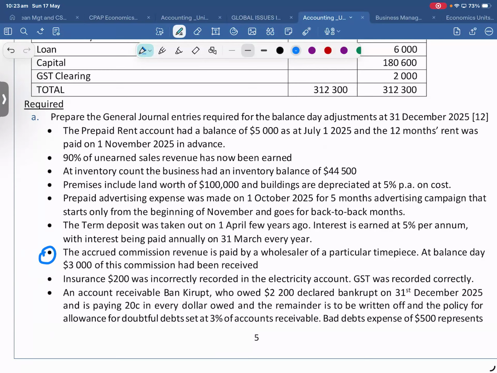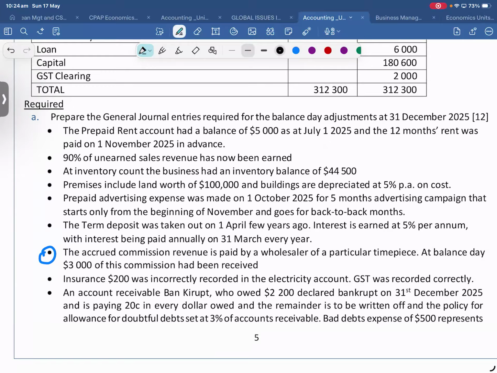Now 300 had been received, right? Then, hold on. Now this one should actually have been received.